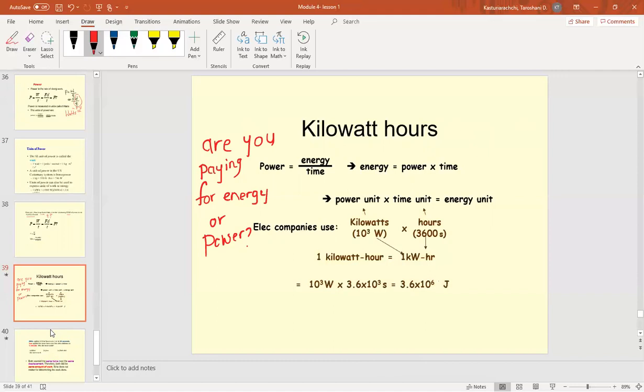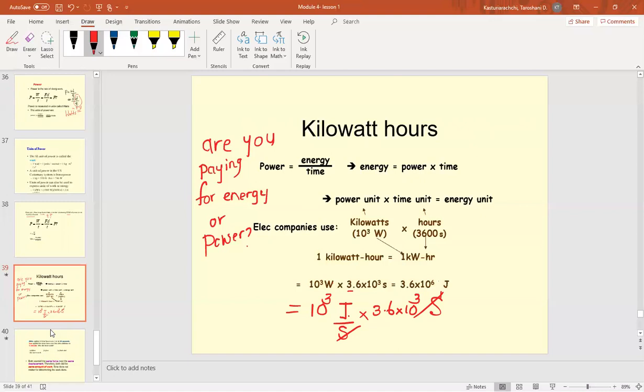You can check. Kilowatt means 1000 watts, and the bill is in kilowatt hours. A watt is power, energy over time. So 10 to the power 3 watts, and a watt is joules per second. Multiplied by hours in seconds, the seconds cancel out and you end up with joules.